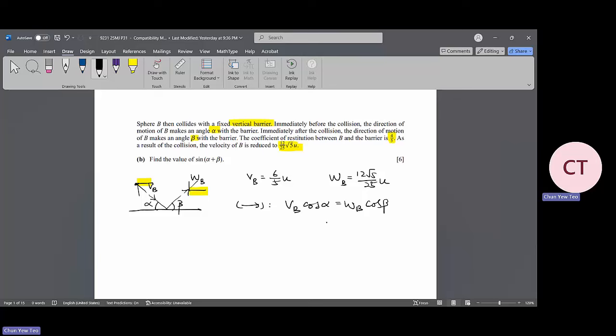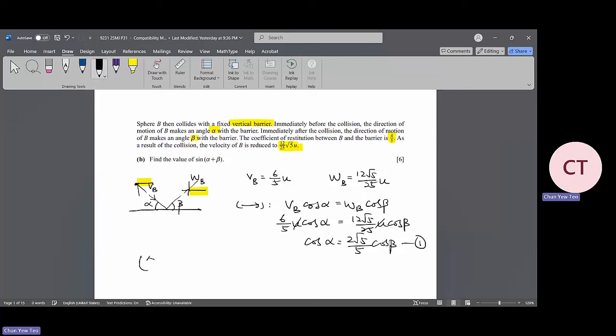So we write down the VB and the WB, simplify it, cancel the u, then you can get cos alpha is equal to 2 root 5 over 5 cos beta. Okay, so we can call this equation 1.